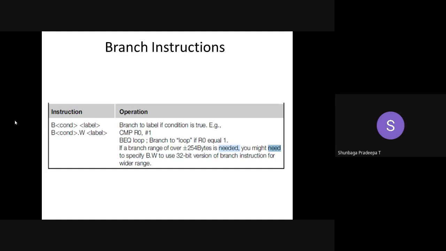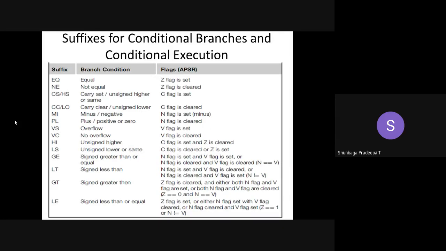So here you have different conditional branches like equal, not equal, carry set, carry clear, unsigned lower, unsigned higher, minus, plus, overflow, no overflow. Here you also have greater than or equal to, and less than or equal to.